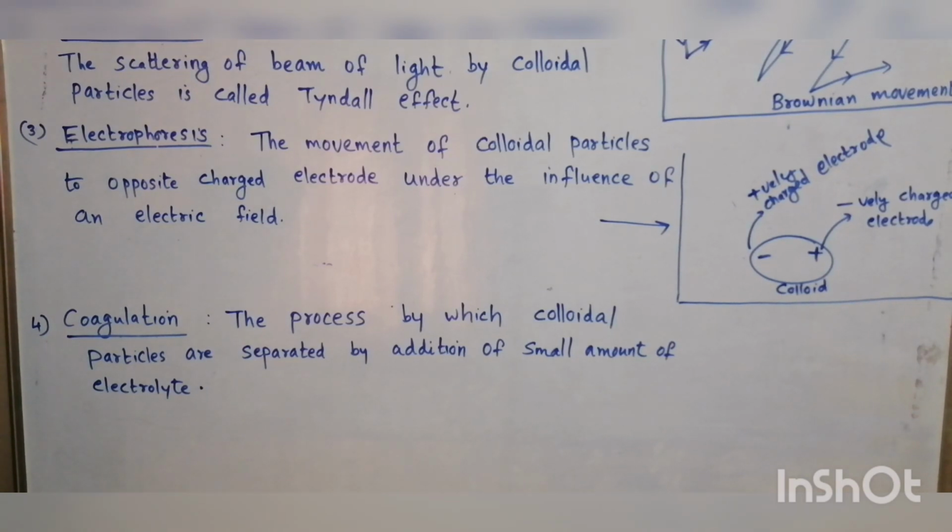We know that bleeding from a cut can be stopped by applying alum or ferric chloride. Usually electrolytes like sodium chloride, barium chloride and alum are used for coagulation.